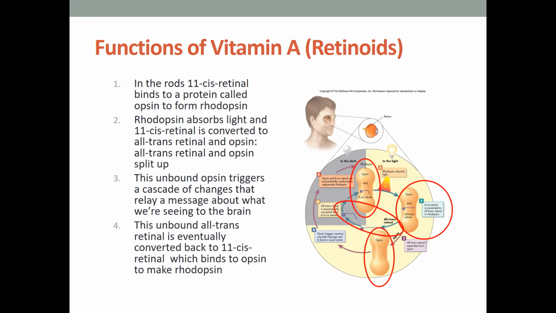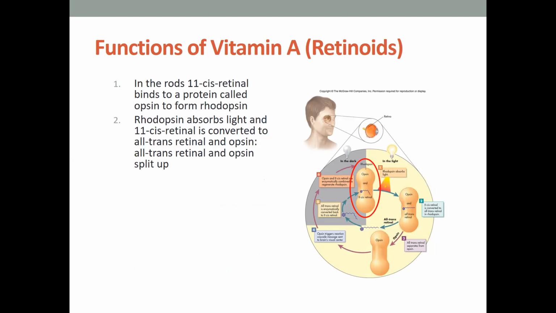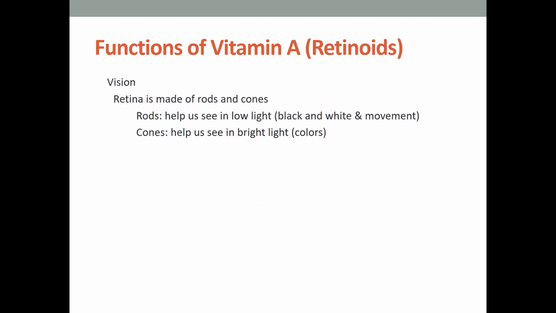So what does that all mean in normal terms? On this slide, I've introduced all kinds of new names for proteins, and we're talking about very specific chemical forms of vitamin A. But if you notice, we're really talking about vitamin A's function on the rods.